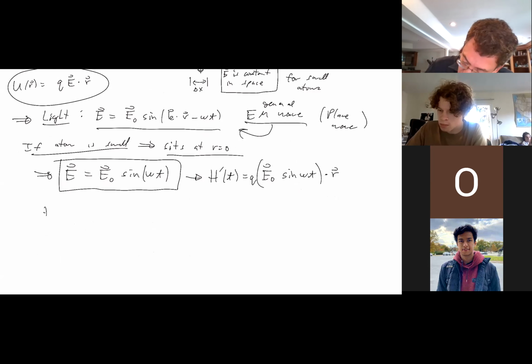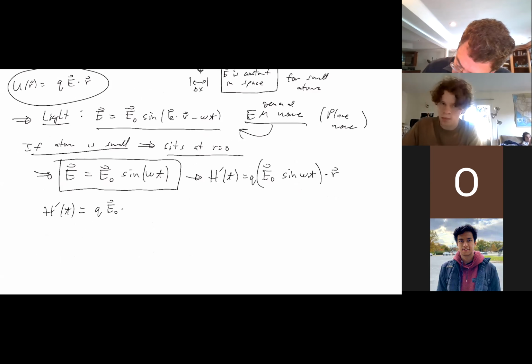So H prime of t is equal to q E naught dot r sine omega t.